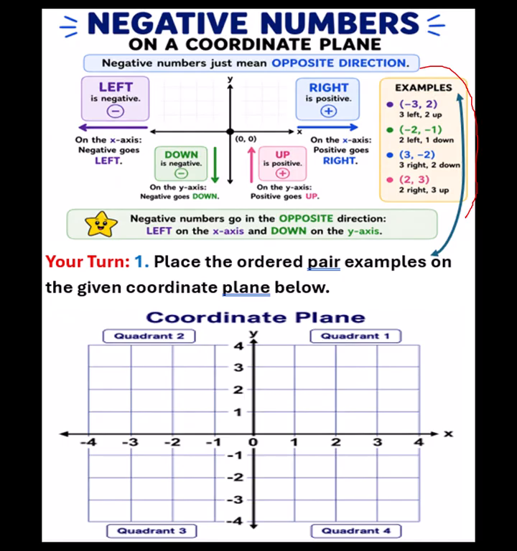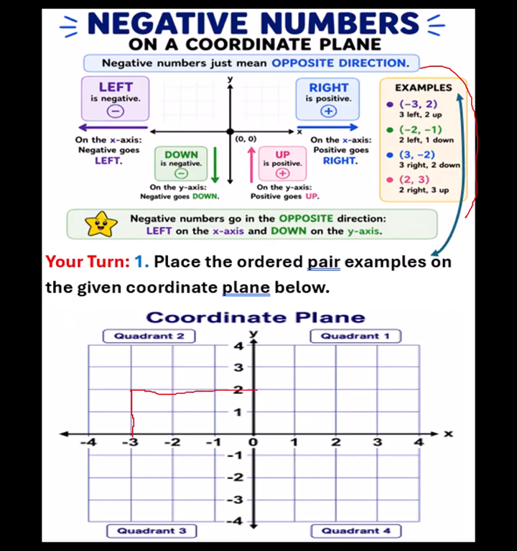Okay, so here we are right here. Now we're going to go up. We're going to go two spaces up, to number 2, because it's positive. So 1, 2, and here we are.